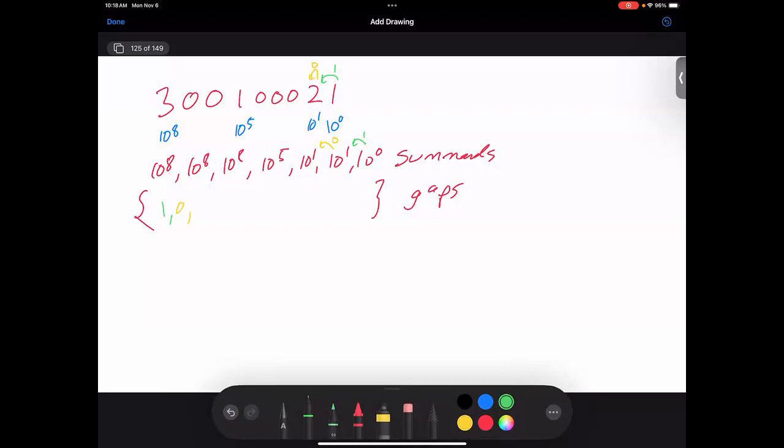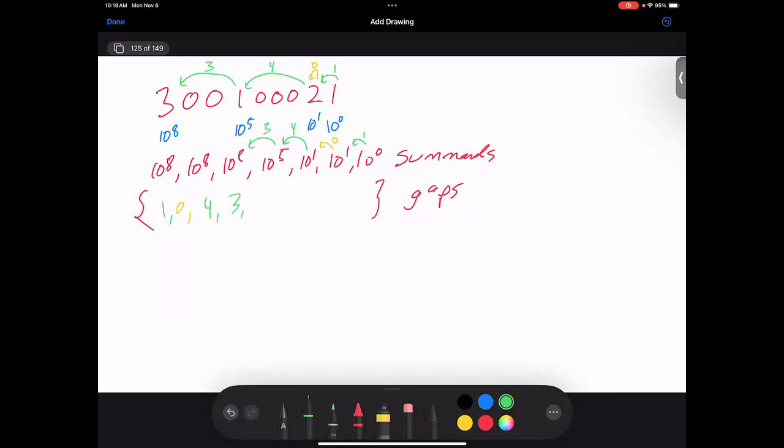And now, how long is the next gap? It's going to be 4. And then how long is the next gap going to be? Three.